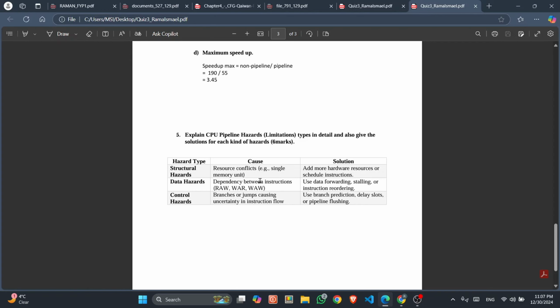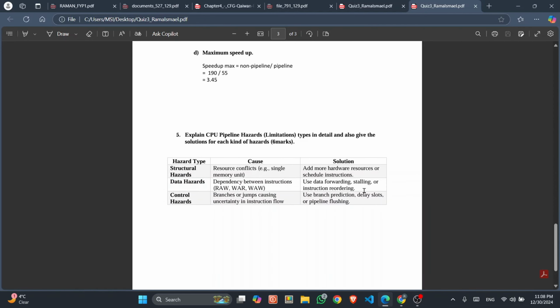A data hazard occurs when an instruction depends on the result of a previous instruction that is not yet completed, which is a dependency between the instructions. For example, we have instruction 1, and the result of this instruction depends on the previous instruction.